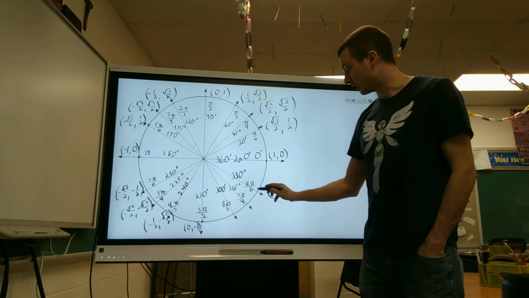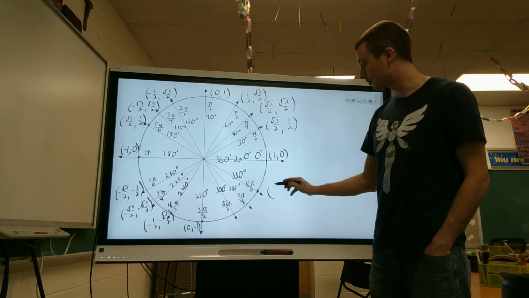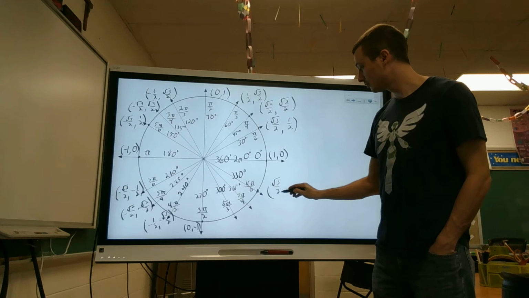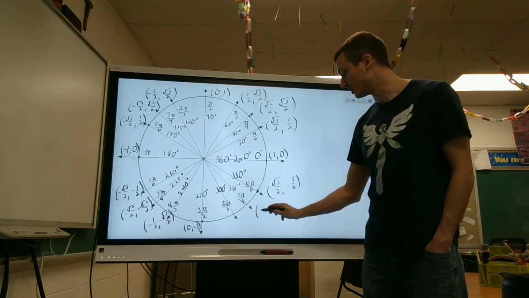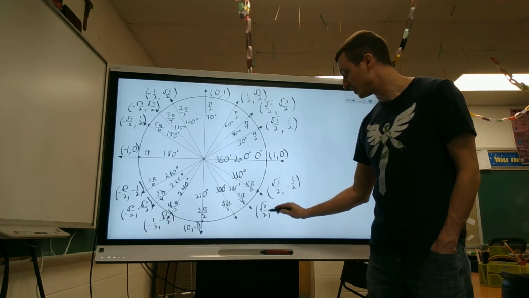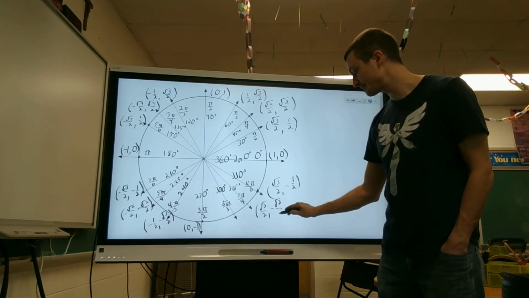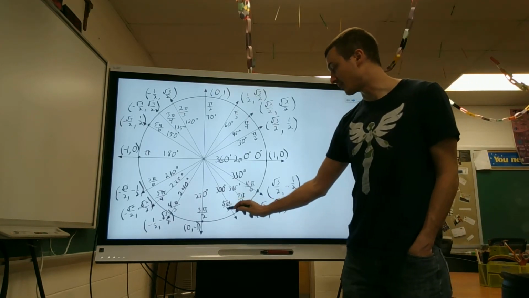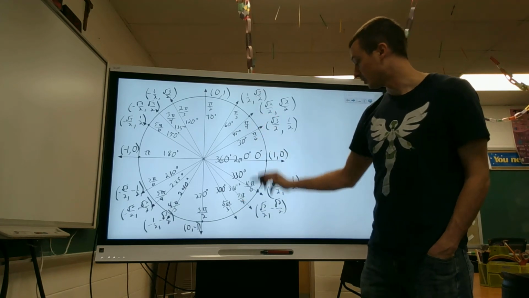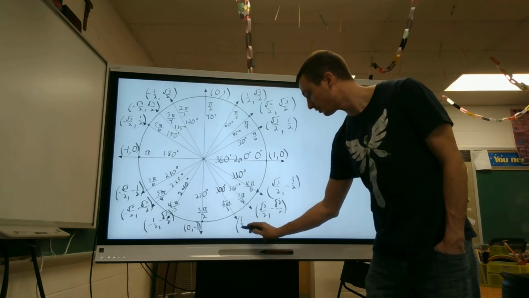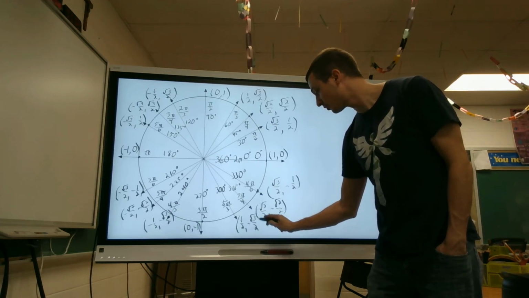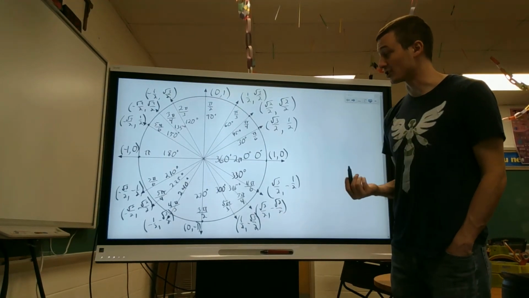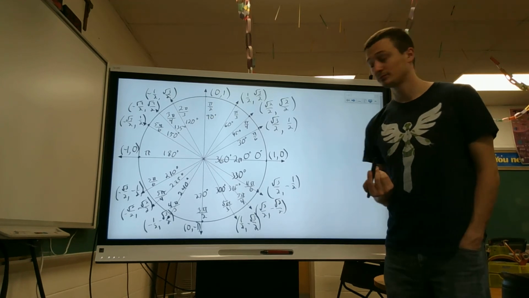So 11 pi/6 would be square root of 3/2, negative 1/2. 7 pi/4 would be square root of 2/2, negative square root of 2/2. And 5 pi/3 would be 1/2, negative square root of 3/2. And that's all the coordinates on the unit circle.